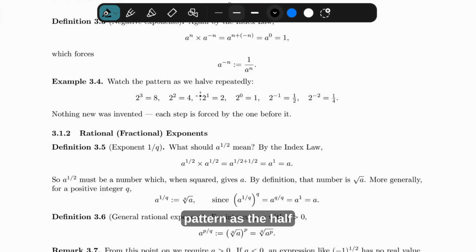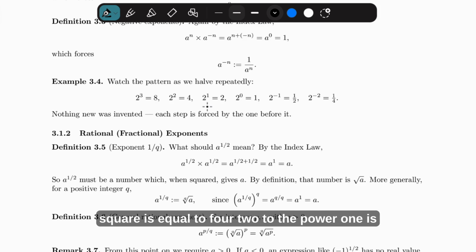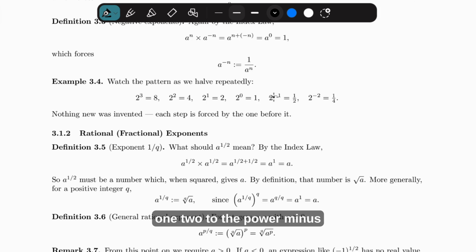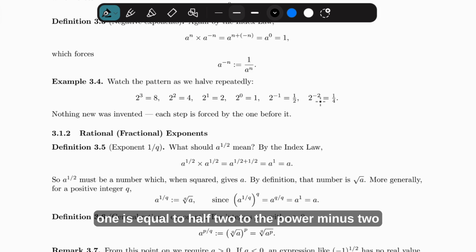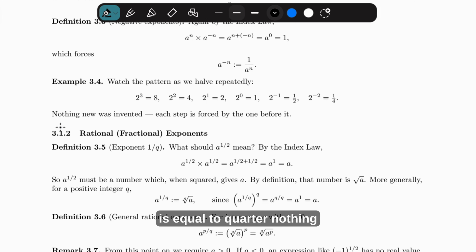Watch the pattern as we halve repeatedly. 2 cubed is 8, 2 squared is 4, 2 to the power 1 is 2, 2 to the power 0 is 1, 2 to the power minus 1 is half, 2 to the power minus 2 is a quarter.